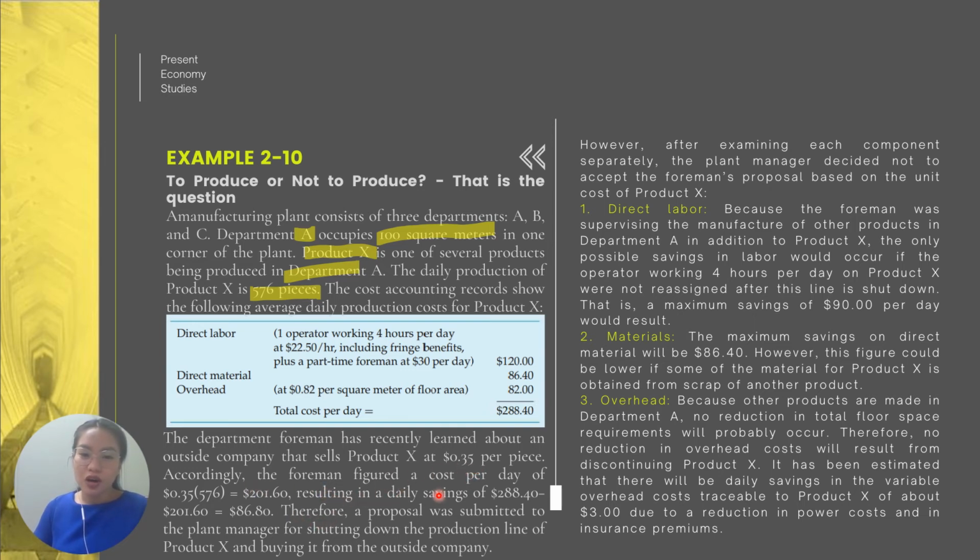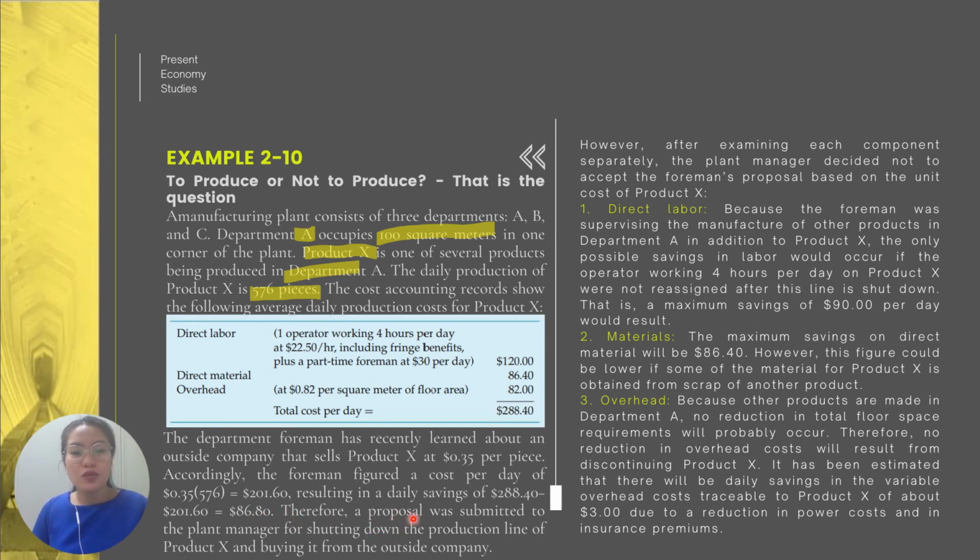Accordingly, the foreman figured a cost per day by multiplying 0.35 by 576, so that is $201.6 in total, kay mao man na ang ma-produce ni product X per day. 576 pieces ang daily production niya, resulting in a daily savings of, if you subtract, the difference is 86.8.